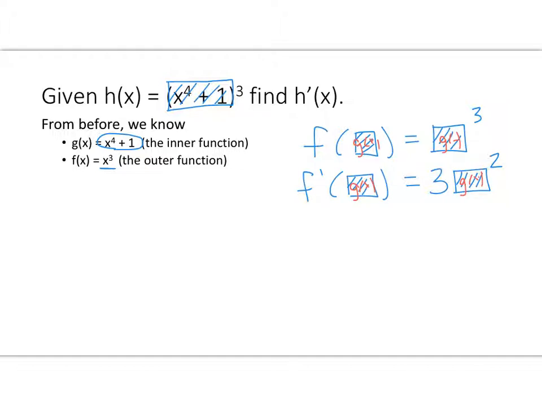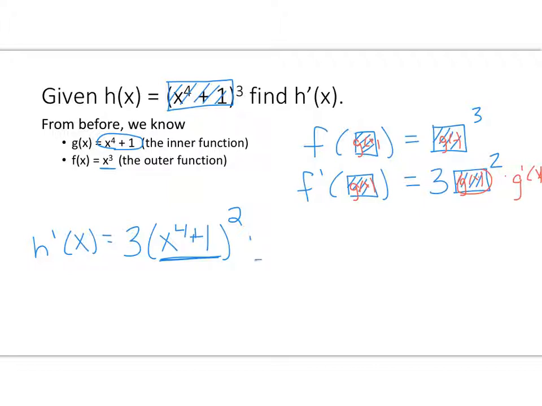So to take this derivative, I would also now need to multiply this times the derivative of what's inside that box. So to write this, h prime of x, I use my power rule, 3 times the box squared, and right here this is just g of x. That's x to the fourth plus 1, but the extra step is now I need to multiply it by g prime of x, which is 4x to the third.